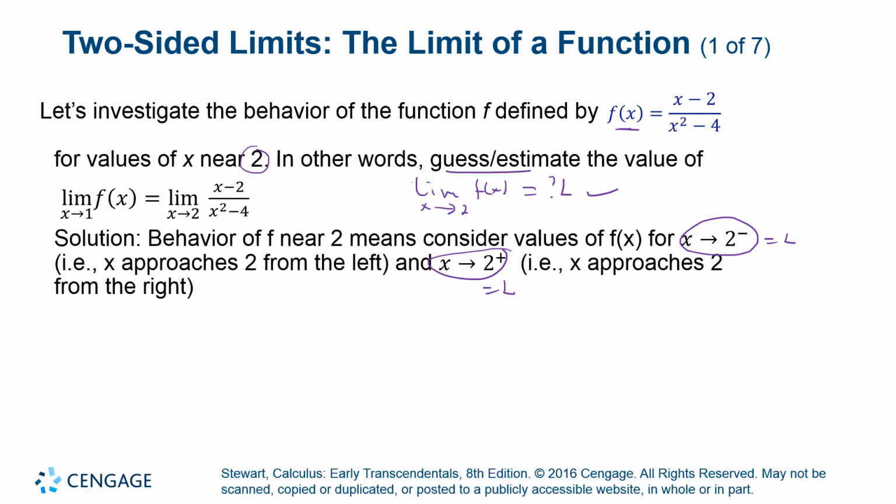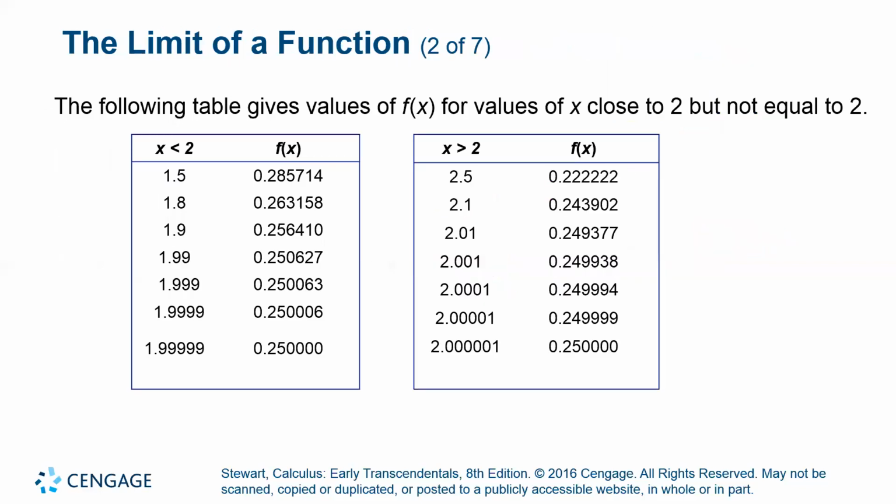We're going to use a guess method and also use algebra to show you. Let's go to a table. In this table, x is approaching 2 from the left, and in this other table, x is approaching 2 from the right. The first values are 1.5, 1.8, then 1.9.